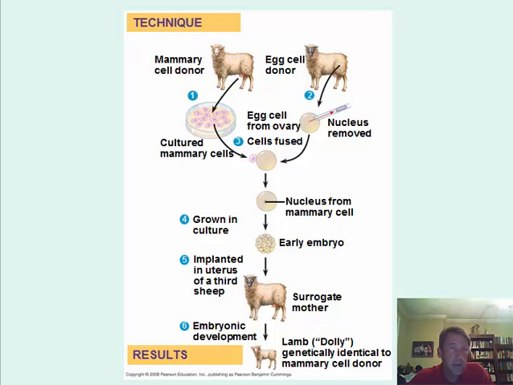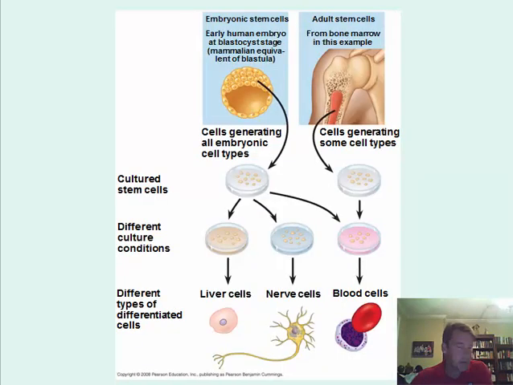Now, this is also done therapeutically, where certain things are cloned for the production of something that is used medically. Stem cells are cells that have not differentiated specifically yet into their particular cell type, and so they can be kind of tricked into being produced into a certain cell type that can be used therapeutically or medically.